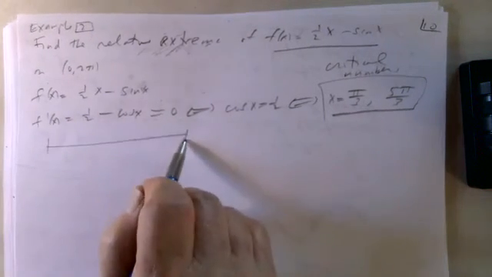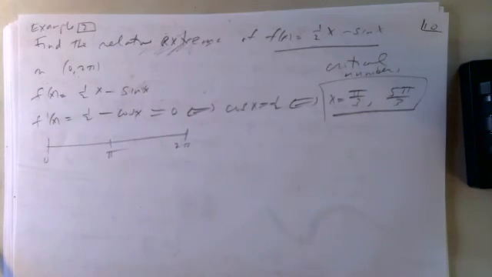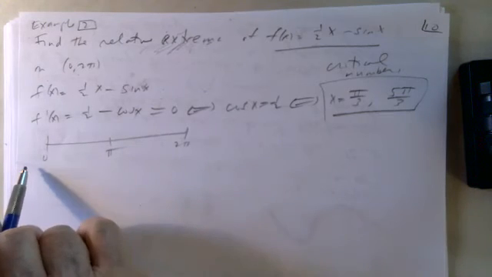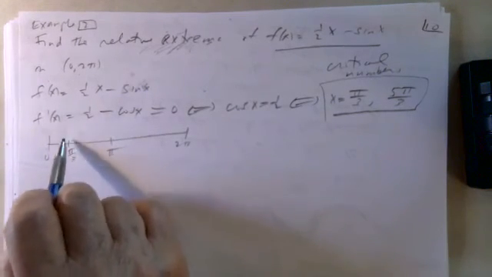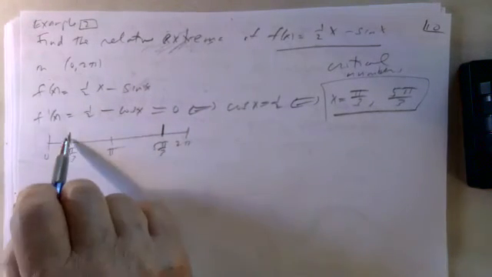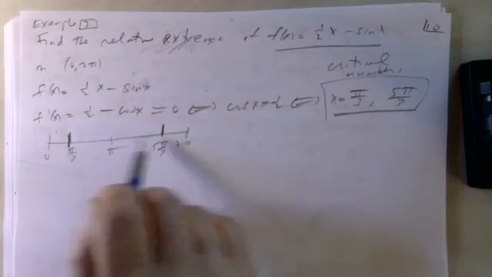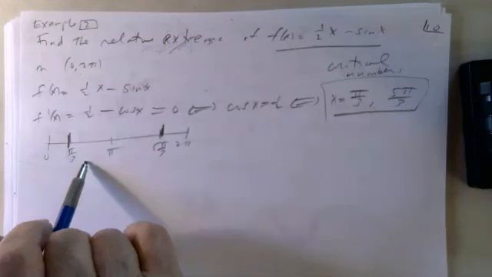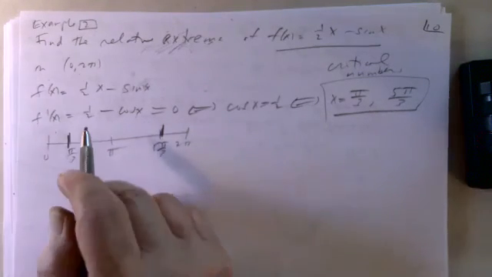Those are the numbers where the derivative is 0. So I need to know something about the changes of sign of the derivative around the points pi over 3 and 5 pi over 3. The derivative is 0 at these two points and nowhere else, so in between, it's either always positive or always negative.